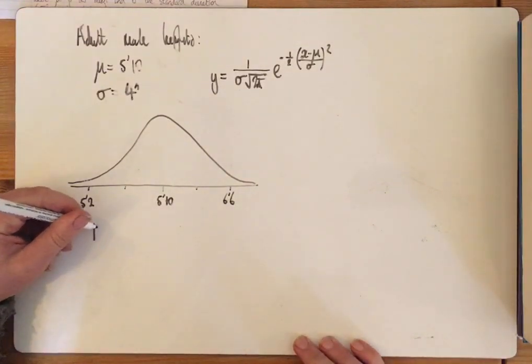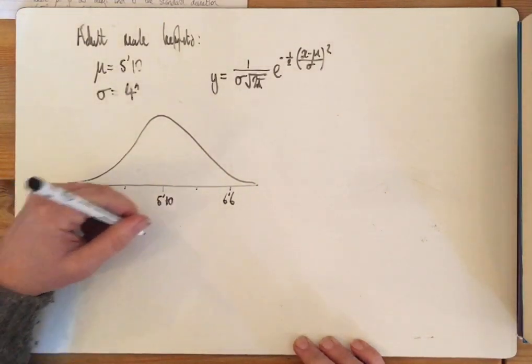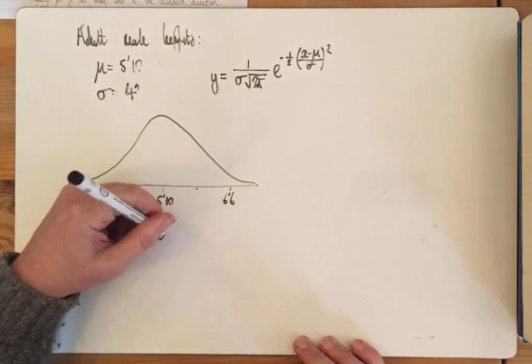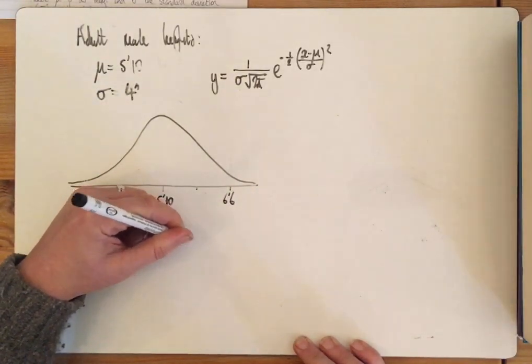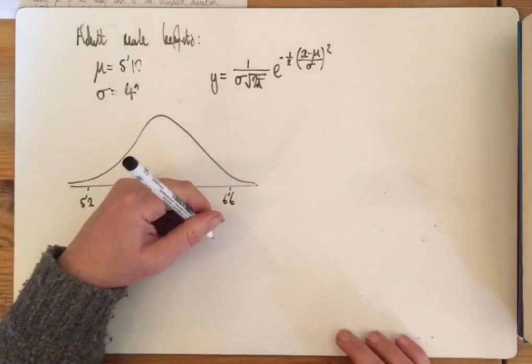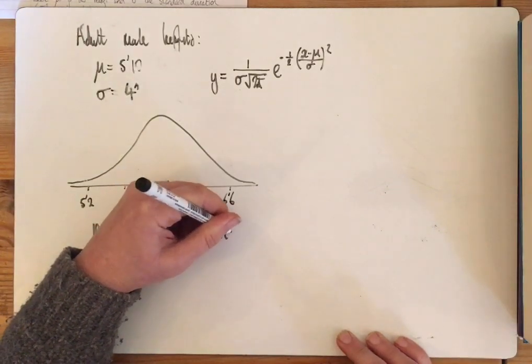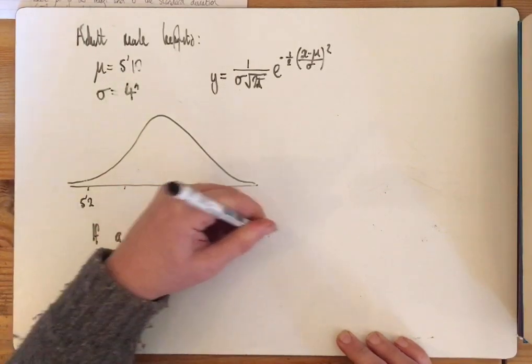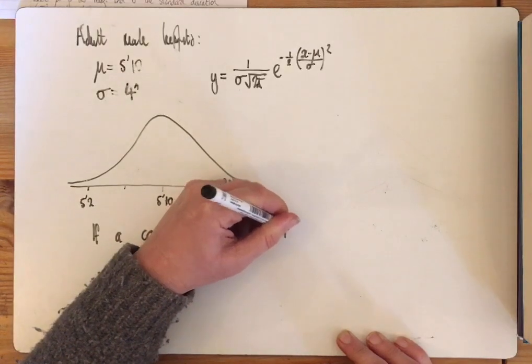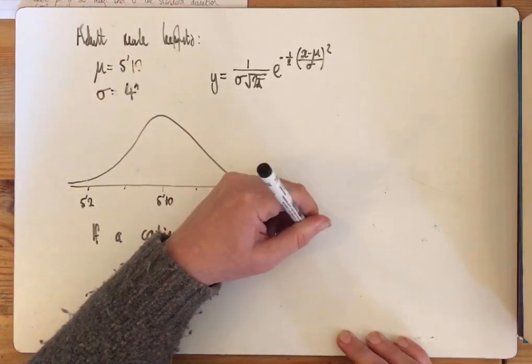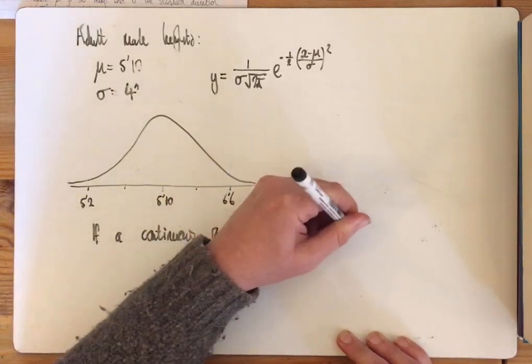So if we've got a continuous random variable, so height is a continuous variable, and someone's height you'd expect to occur randomly. We did some work on discrete random variables. These are continuous.